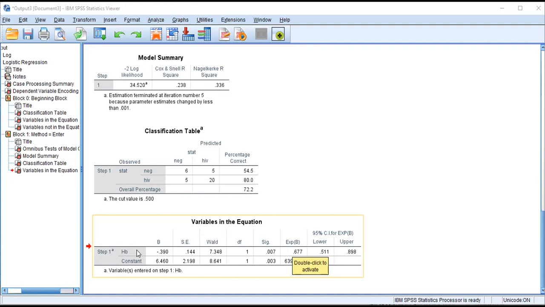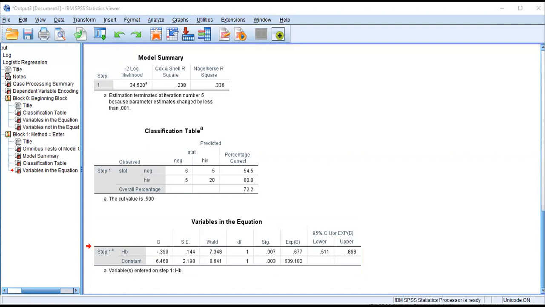A change in HB level would imply that the participant is 0.677 less likely to develop HIV. What this means is that an increase or a change in HB level will mean that the study participant will be 0.677 less likely to develop HIV.